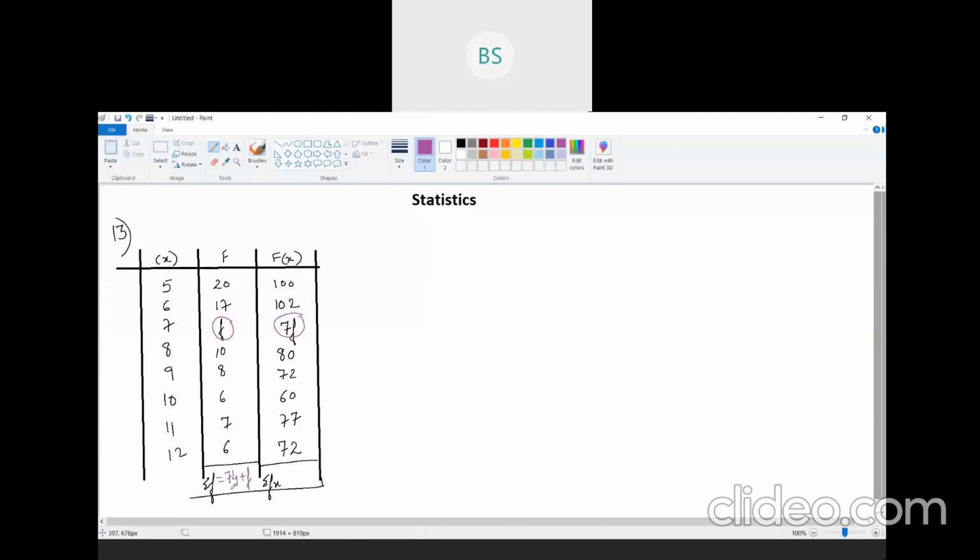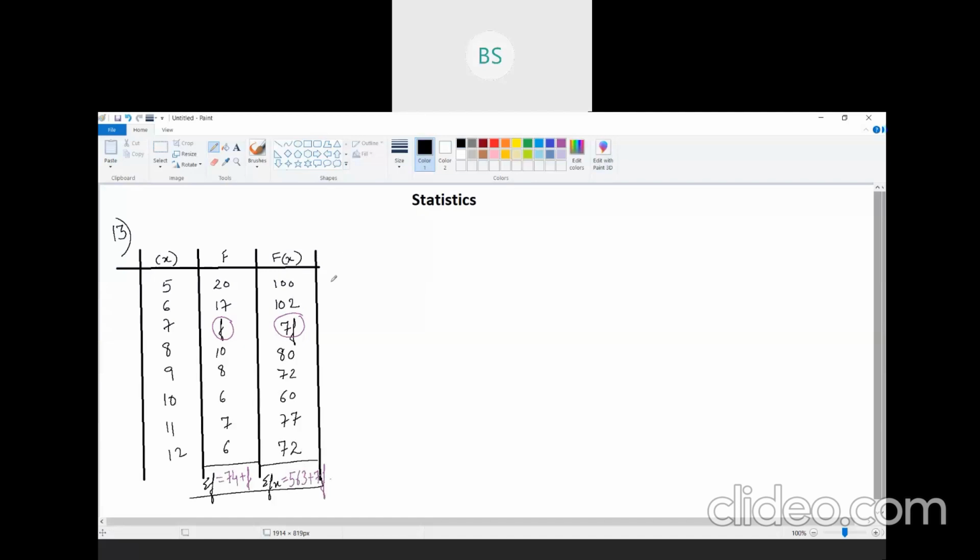So this will be 74 plus f, and sigma fx is 563, and the variable separate, so it will be 563 plus 7f.